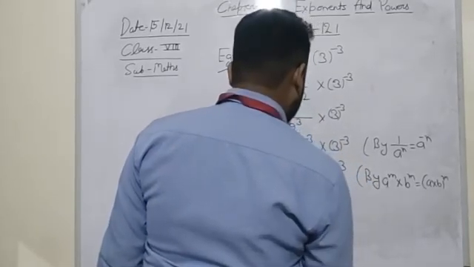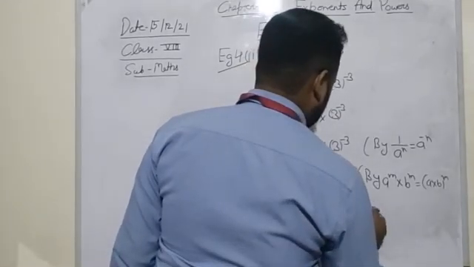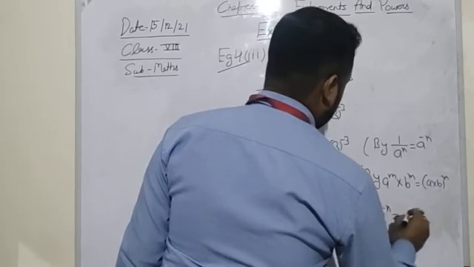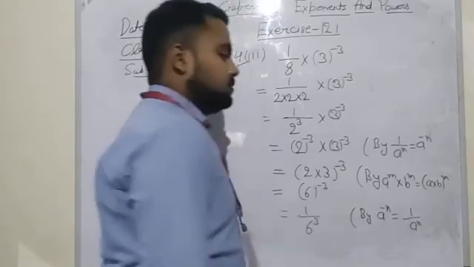As the power is negative, so it can be written as 1 upon 6 to the power 3, as 1 upon a to the power minus n is equal to 1 upon a to the power n. Note it down.